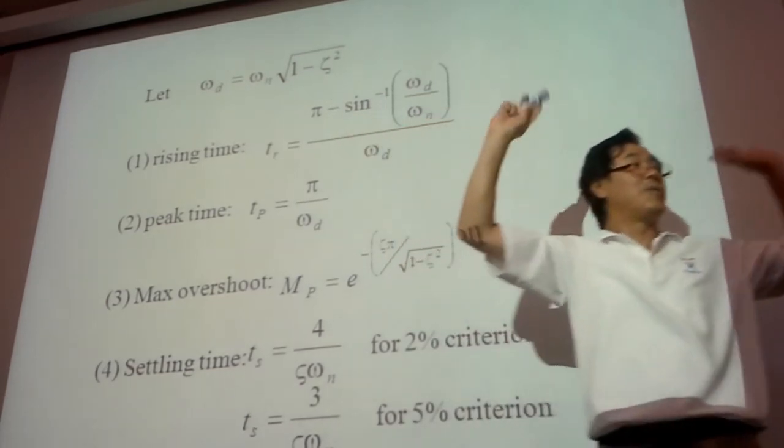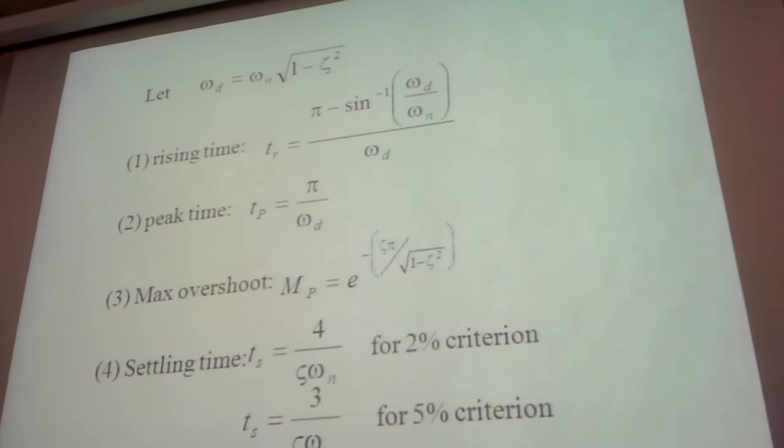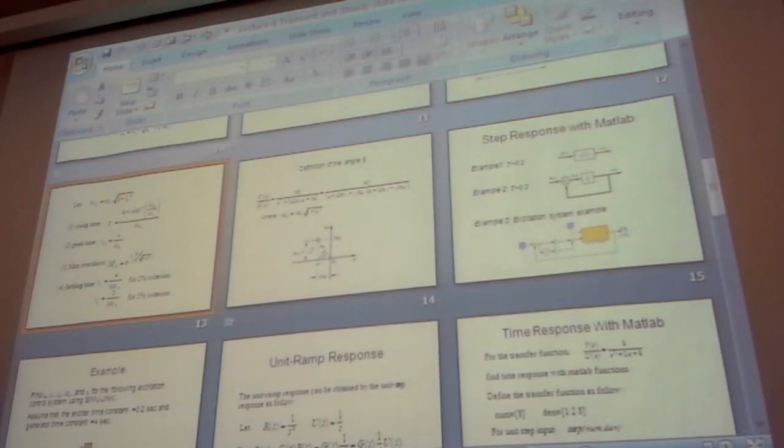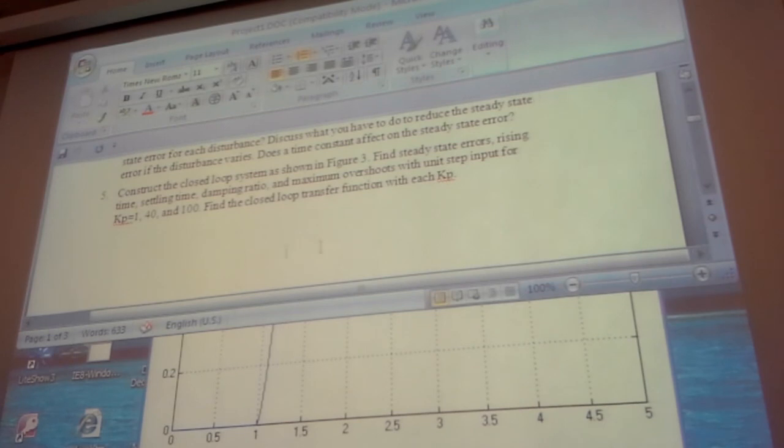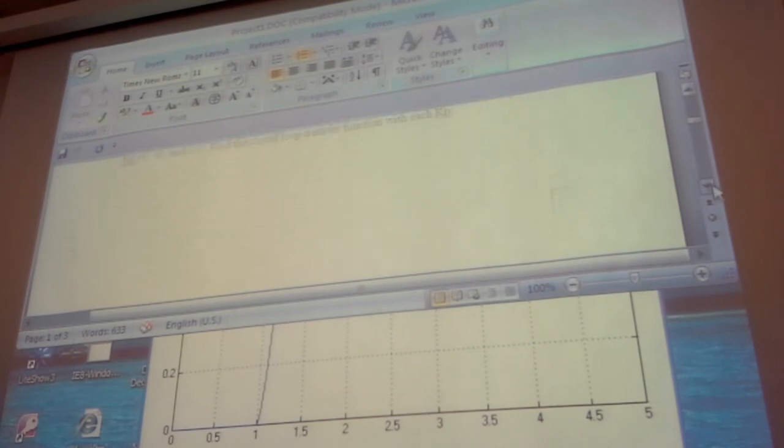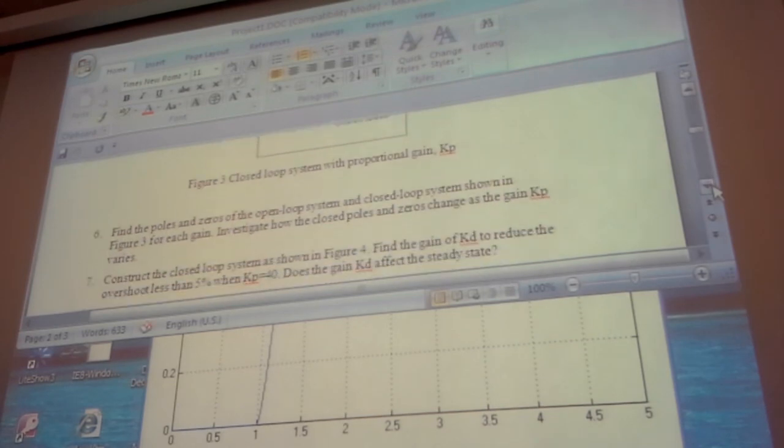So as long as you know omega n and zeta, you'll find overshoot and damping ratio. Right? That's your frequency like that. Okay? So now let's go to the next one. So you find this guy. So you're done with number 5. Now find the pole and zero, open loop system and closed loop.